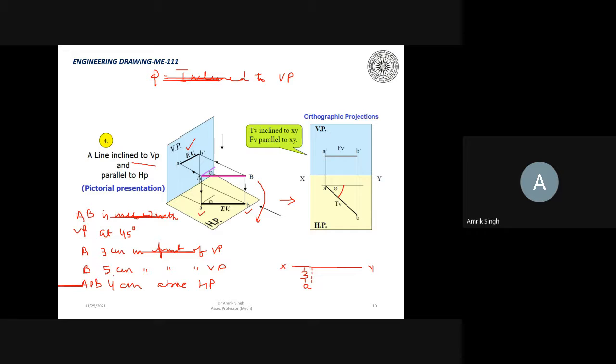Now, the point B is 5 centimeter in front of VP. So this is 5 and this is 3. Right? So you can write, say this point is B. So this becomes the 5.